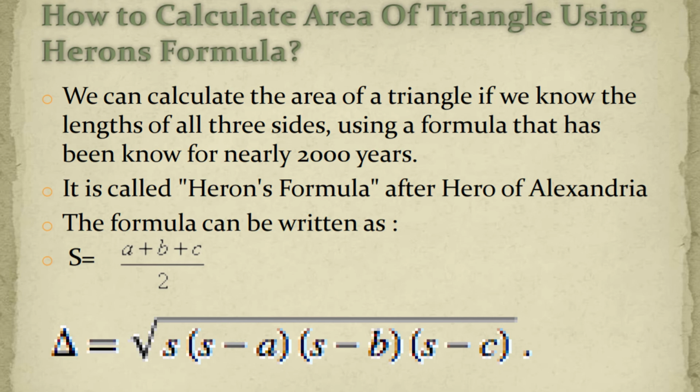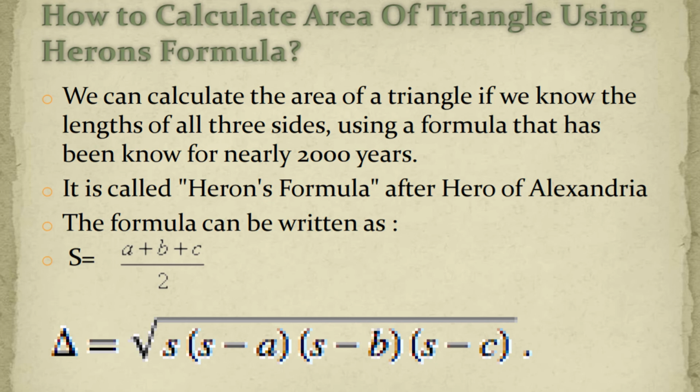The formula can be written as S is equal to A plus B plus C by 2, where delta denotes the area of the triangle, delta is equal to square root of S into S minus A into S minus B into S minus C. Previously I told you this is the important formula for this entire chapter. Memorize this formula well, my dear children.